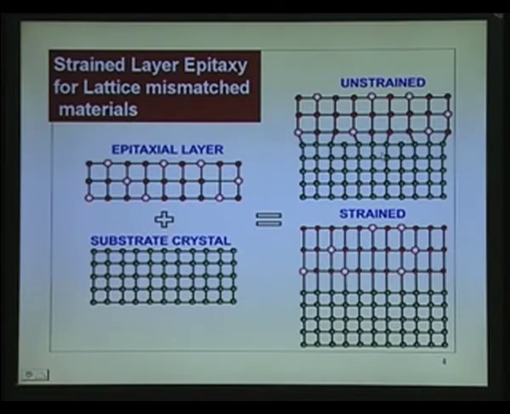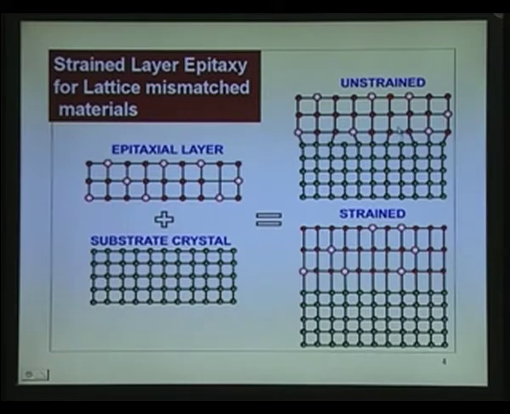Neighboring atoms form bonds with these atoms. So, these two different colors or sizes are shown. It can be gallium indium arsenide, a compound, that is why it is shown like that. But the top layer, when you keep on growing, will have a layer which is defective.